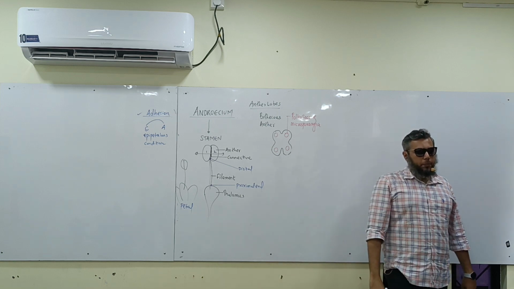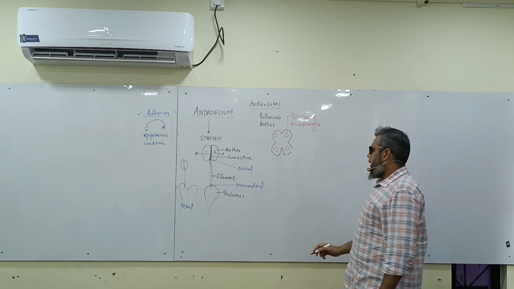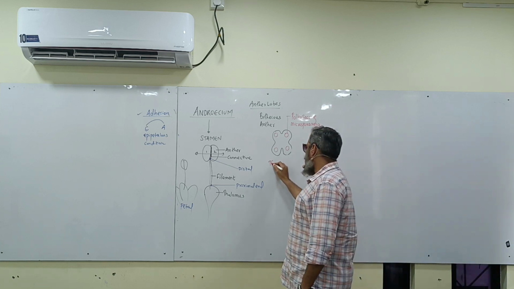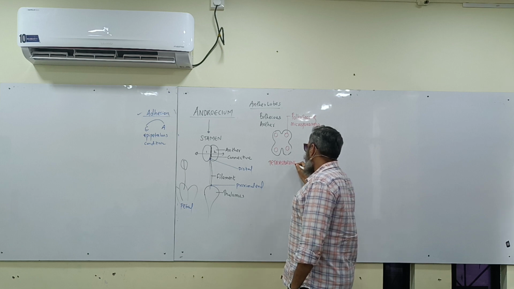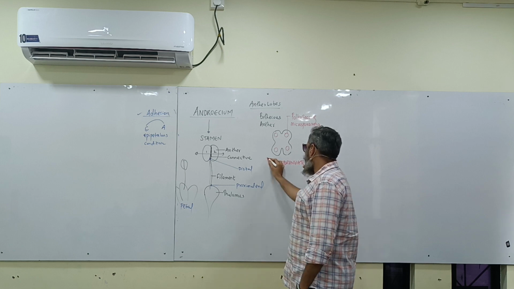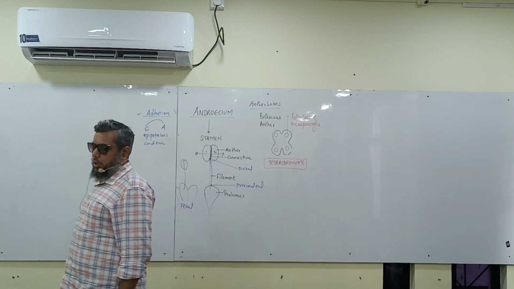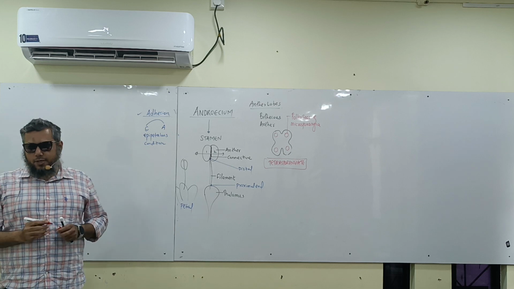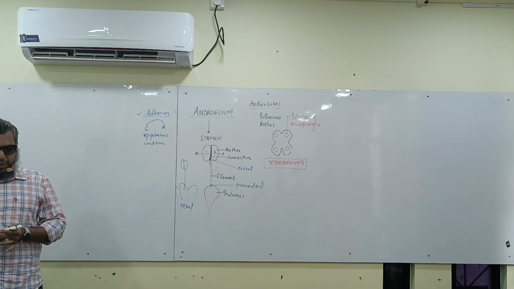So typically an anther has four pollen sacs. That condition is called tetrasporangiate condition. Tetra means four. The presence of four pollen sacs in a bithecous anther is called tetrasporangiate condition.